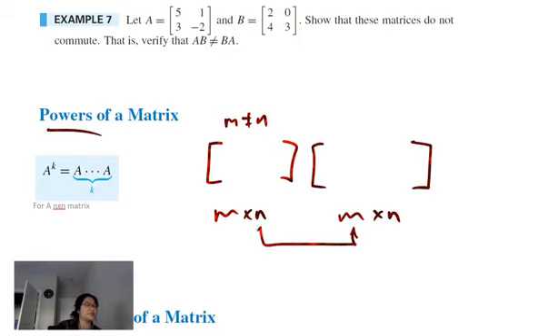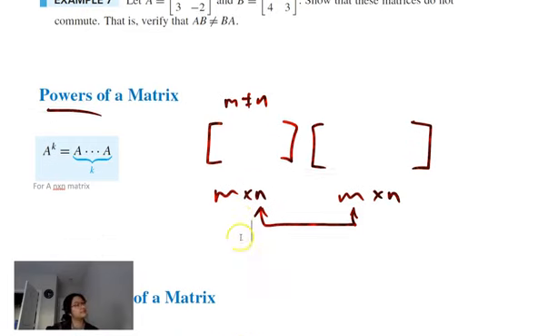Our inner numbers don't work, so you can't have that matrix multiplied by itself. So the power A to the k only works when you have an n by n matrix.